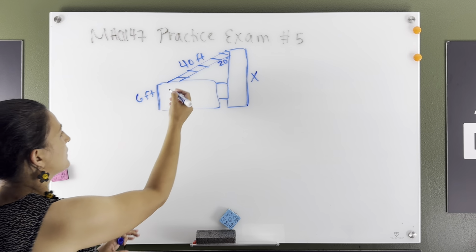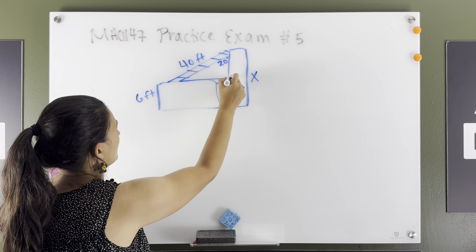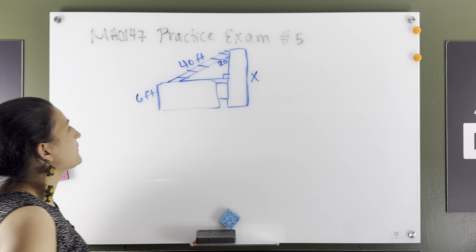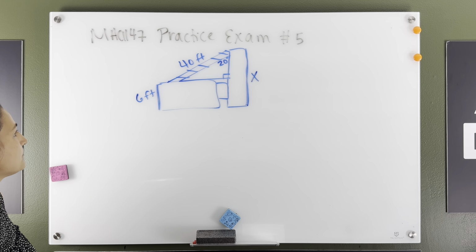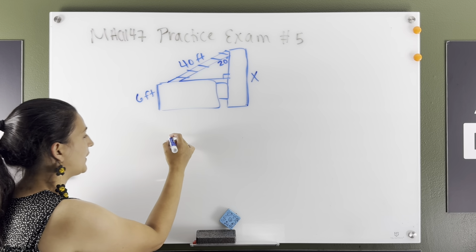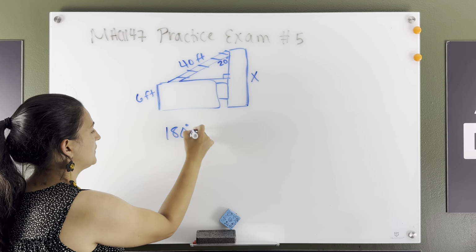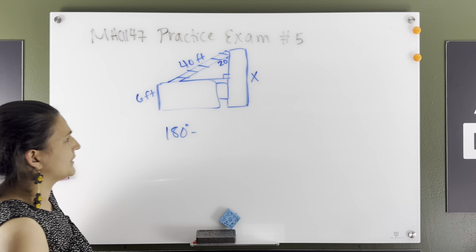Okay, so as you can see, there's a right triangle here that is formed, right? Okay, and so we're gonna use the fact that in a triangle, we have 180 degrees. We have a 90-degree angle, right, that is formed with the vertical and the horizontal with this scenario. So you subtract the 90, subtract the 20, right?